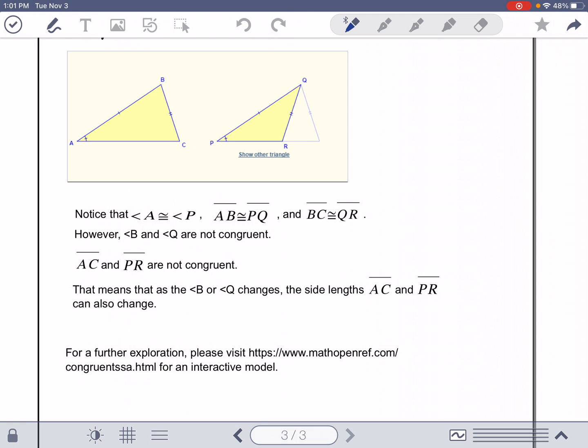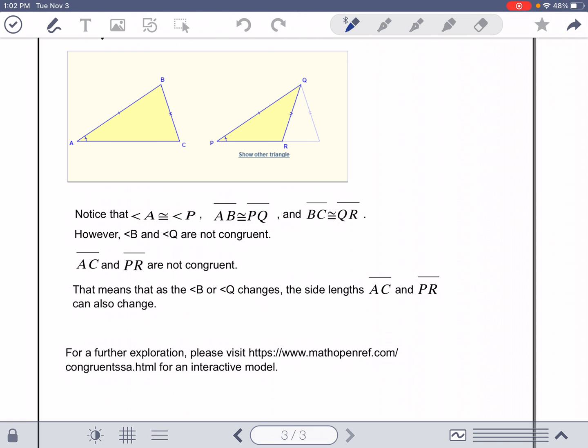And if angle B is larger, then AC is going to be a longer side. So if B is greater than Q, then you're going to have a long side AC and then a short side PR. So those sides will change even though the angle A, the side AB, and the side BC didn't change.